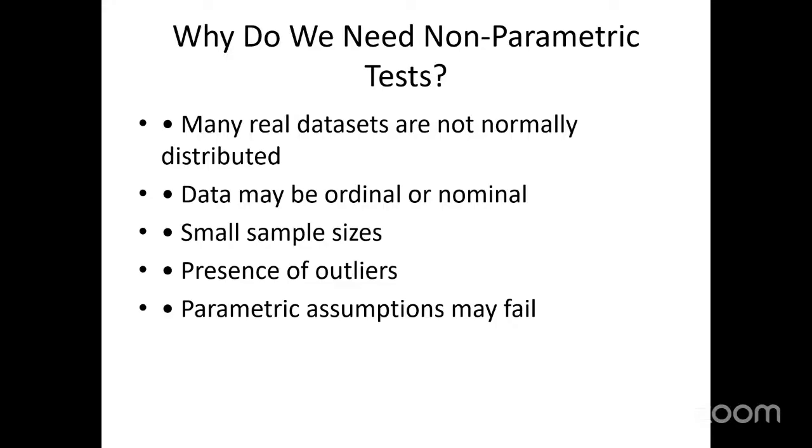The sample size must be small here, there is presence of outliers, and the parametric assumptions fail. The parametric assumption mainly fails when the normal distribution is not followed. These are the situations when we need the non-parametric test.